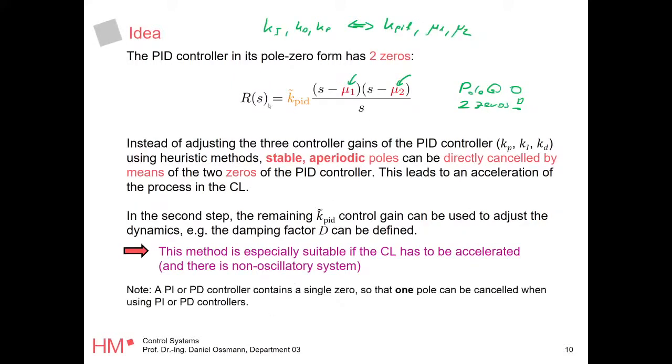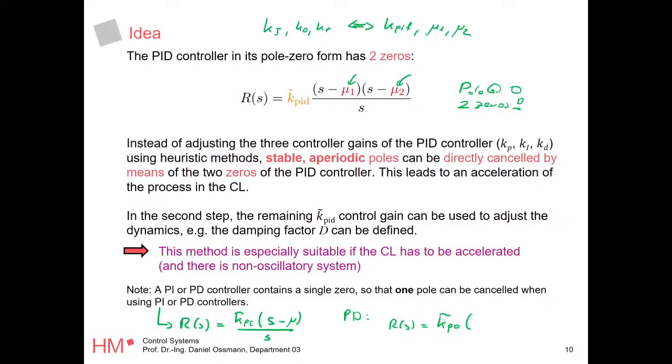One side note, this is a PID controller, right? If you use a PI or a PD, they only have one zero, right? So if you want to draw this, the PI controller looks the following: K_PI times (s minus mu) over s, and the PD looks like R(s) equals K_PD times (s minus mu). You can name it as you like, right?